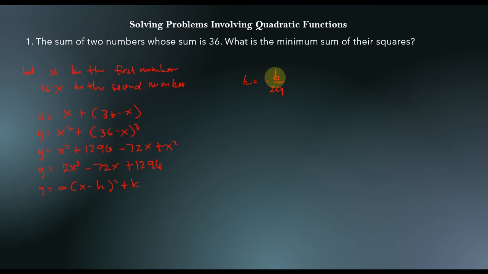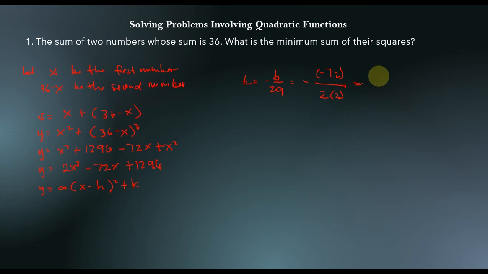So for our formula, h equals negative, the value of b is negative 72, all over 2 times a. The value of a is 2. Simplifying this, negative times negative will give you a positive number.